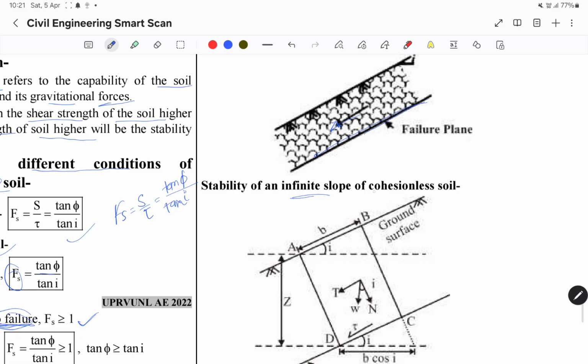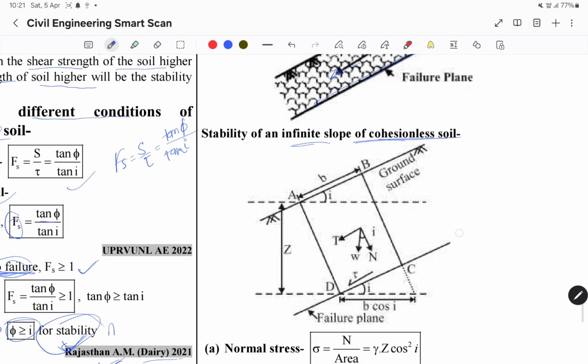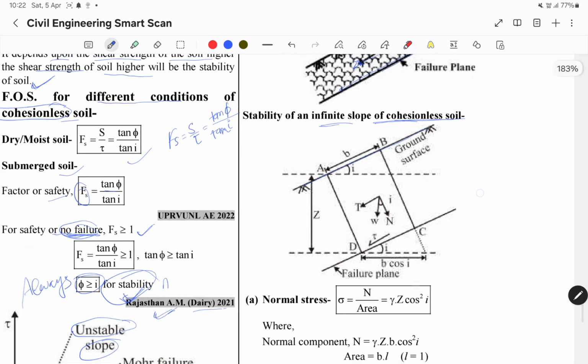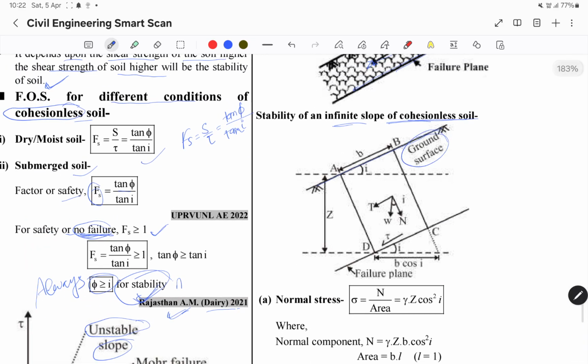Stability of infinite slope of cohesionless soil.